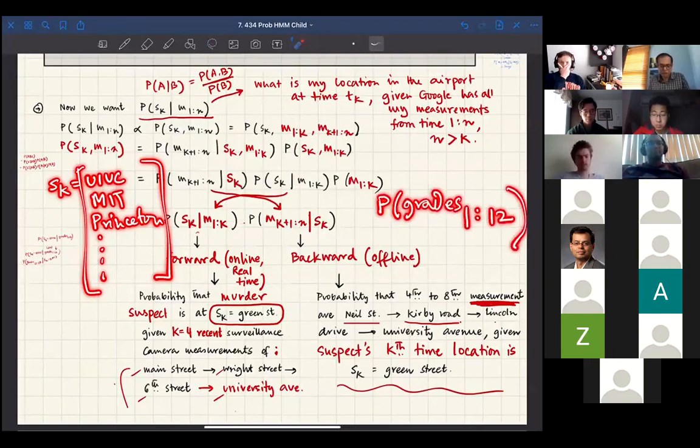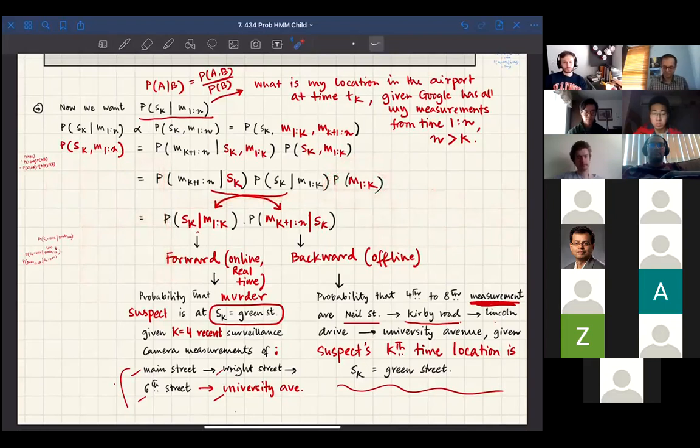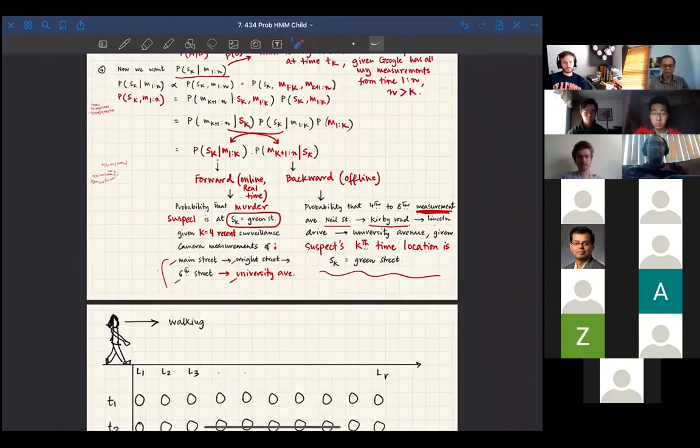You don't care, because whatever the value is, UIUC, MIT, Princeton, these grades will remain the same. So in this whole expression, you don't really care about this value, because this value is constant for all values of SK. Very good. Okay, so this is the backward offline version.